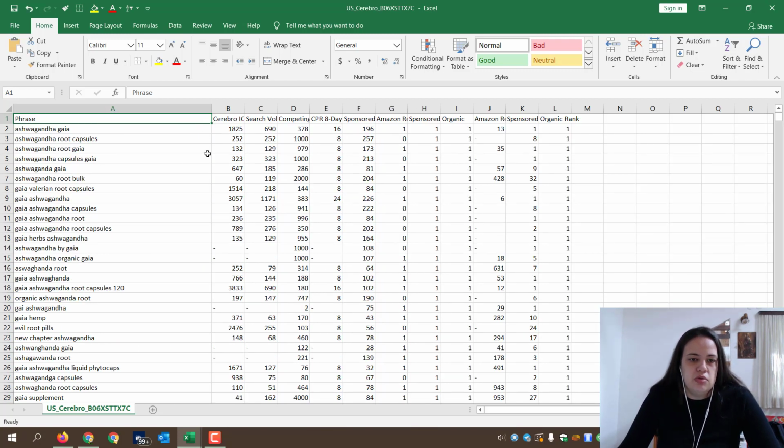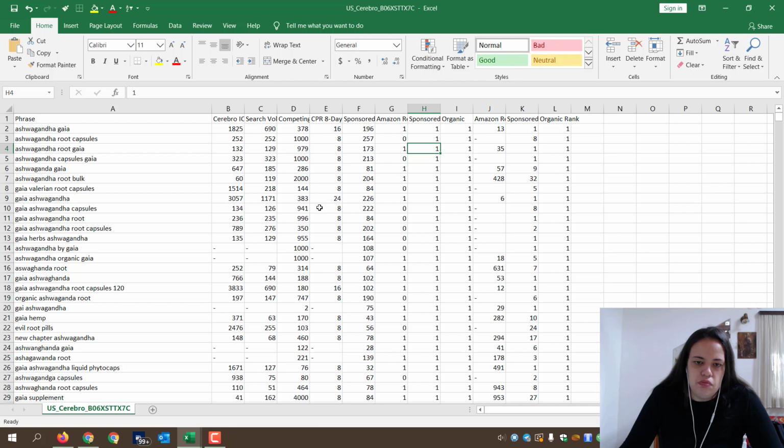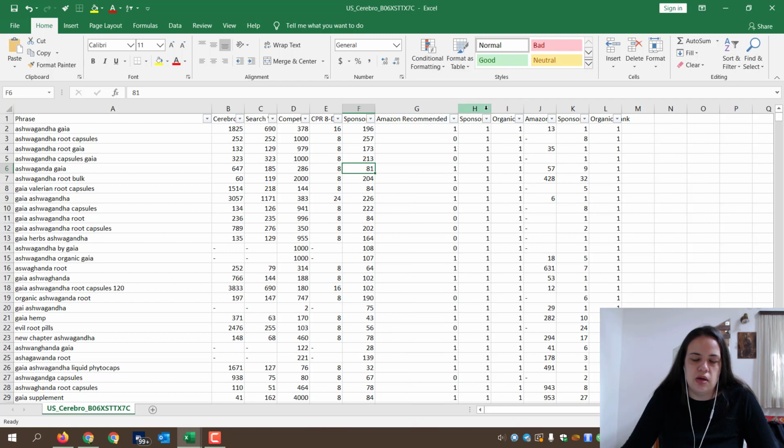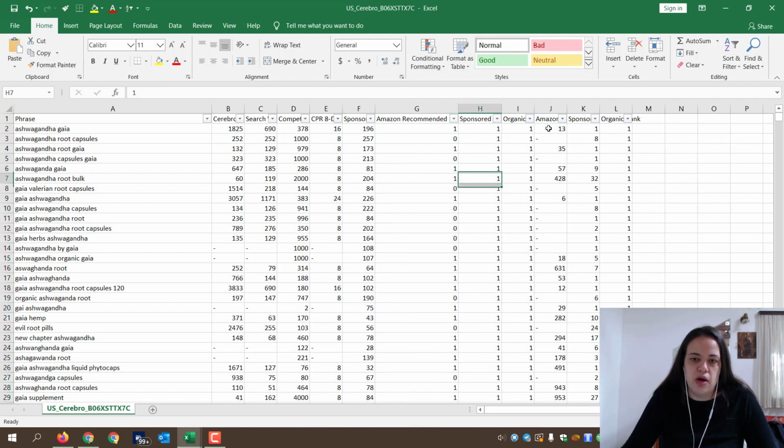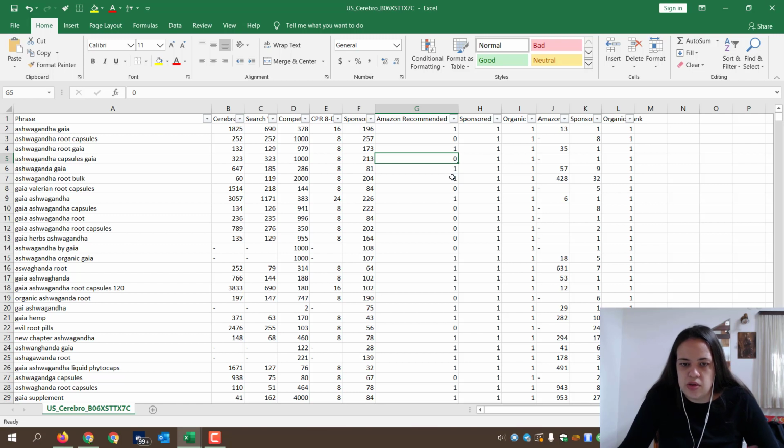But when it comes to organic ranking, here we have a list, and you have three columns. One is Amazon recommended, the other is sponsored, and the third is organic. 0 and 1 means that if it's a 0, it's not, for example, Amazon recommended.